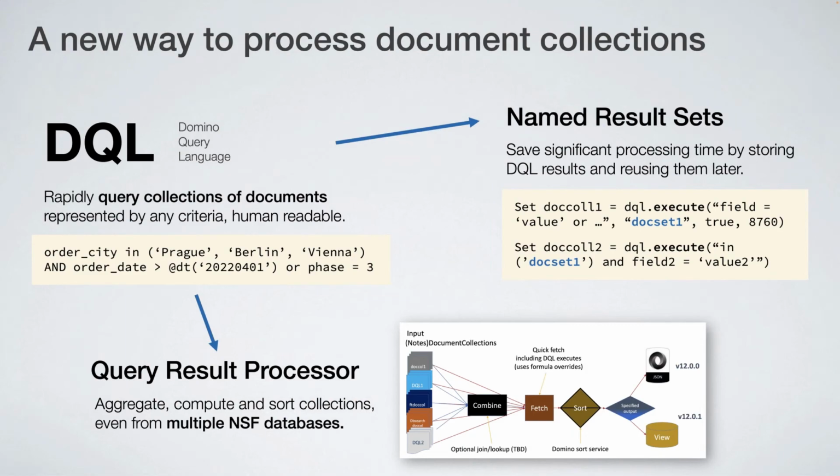So you can have several NSFs. You can put together new style DQL queries and old style classic collections. You can sort it and save it either as JSON, or as a view, or as a Notes view.